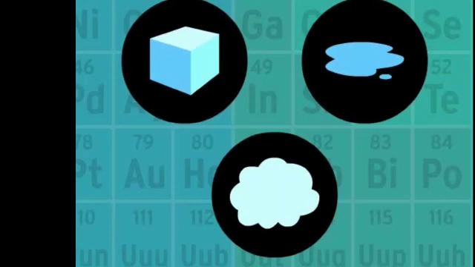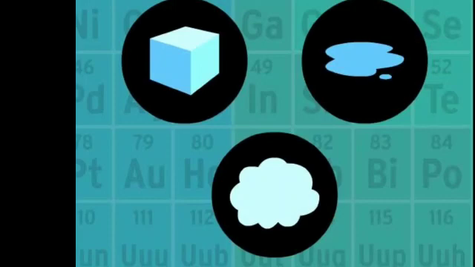We studied that solids have a fixed shape and a fixed volume. Liquids have a fixed volume but they do not have a fixed shape. But gases do not have a fixed shape nor a fixed volume. Then we learned that all matter is made up of tiny particles called atoms, and these atoms join to form molecules.